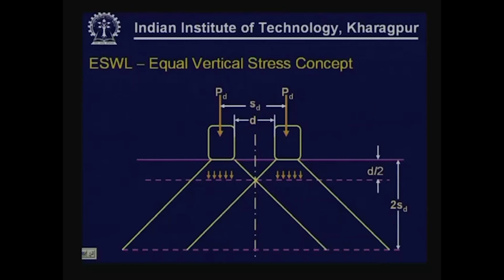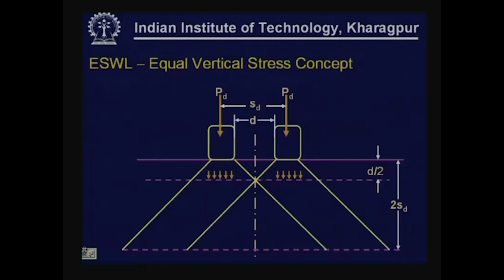Each wheel load carries PD as the load. And the clear spacing between these two wheels is D, and the center to center spacing between these two wheels is SD.